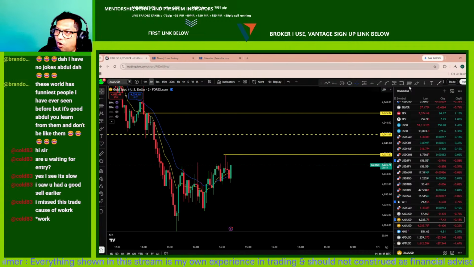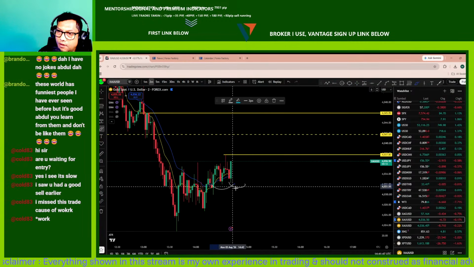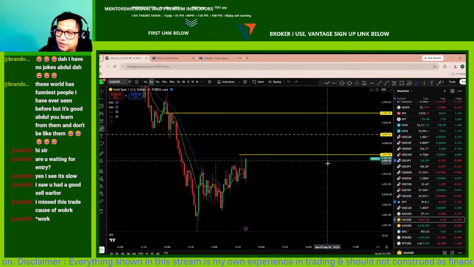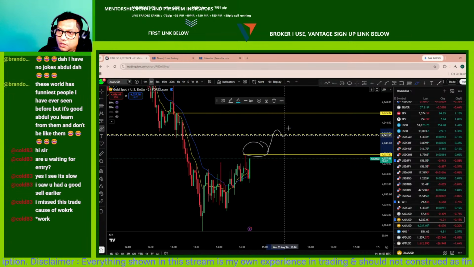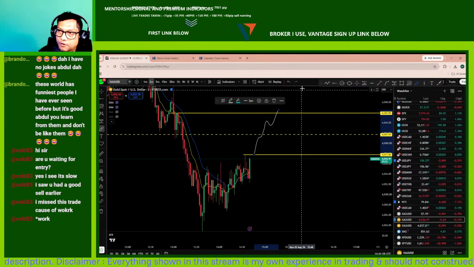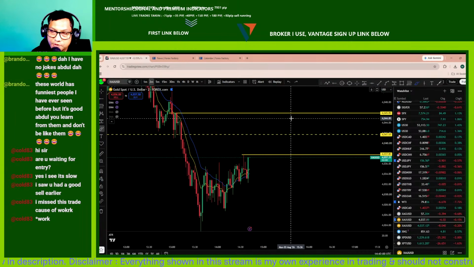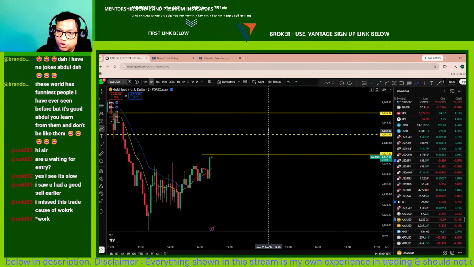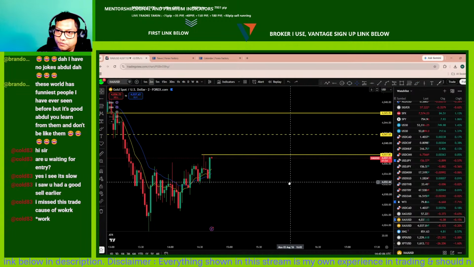We are seeing that off this support area there is a sharp breakout, and with this breakout the market is showing this upside, and I'm looking forward to see the market to go back again to show a new directional bias.